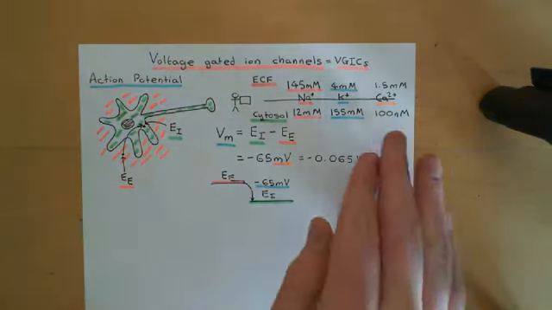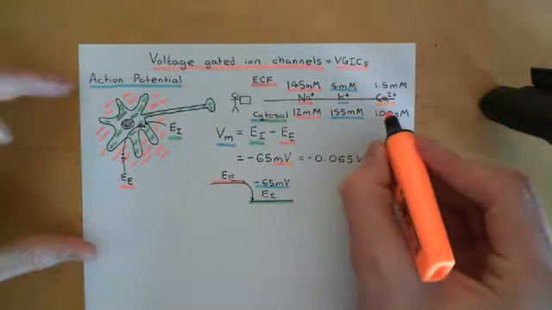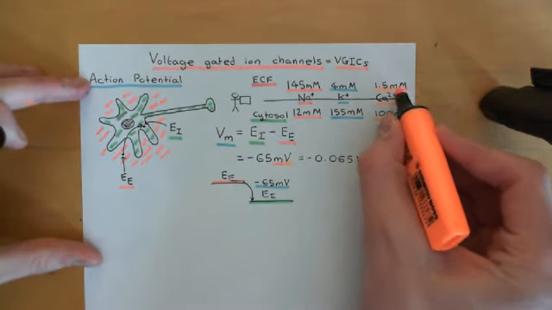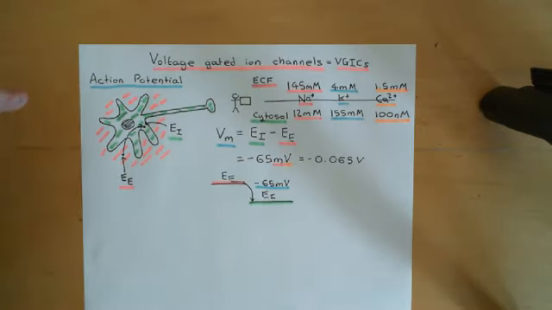Remember, nano means 10 to the negative 9, so 1 billionth of a molar, whereas milli means 1,000th of a molar. So that's a 15,000-fold gradient of calcium favouring its movement into the cytoplasm of the cell. That's a very powerful concentration gradient across the cell membrane for calcium.